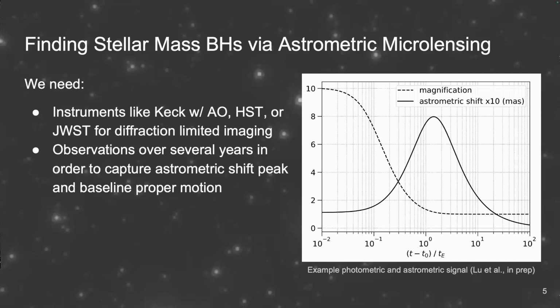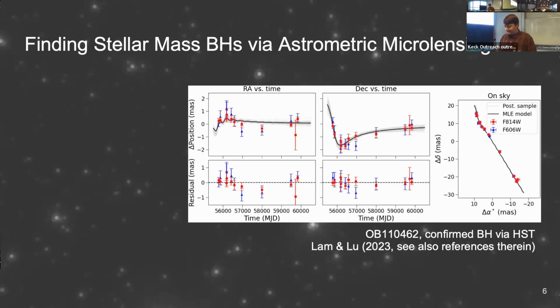Fortunately, the astrometric shift of a microlensing event peaks actually before and after the photometric event. So we can capture the peak of these events and then continue to monitor them for a few more years as this apparent motion of the source returns just to its baseline proper motion. And then we can figure out what the size of that astrometric shift was. So this takes several years of observation for any one target.